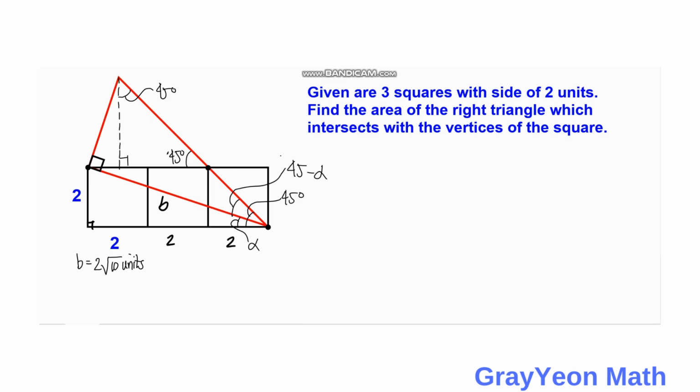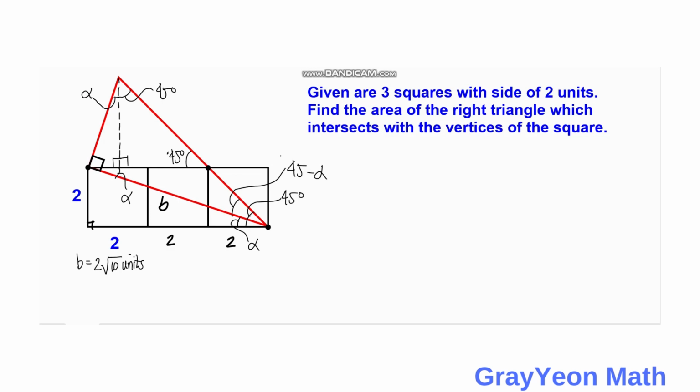So if that is 45, then if this is 45 minus alpha, and this is alpha, then this should be also alpha because they are alternate interior angles. And this should be also 90. And this angle should be also alpha.